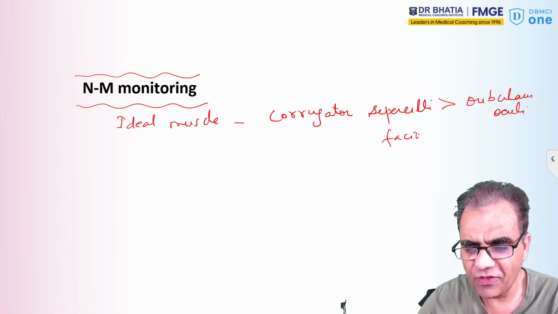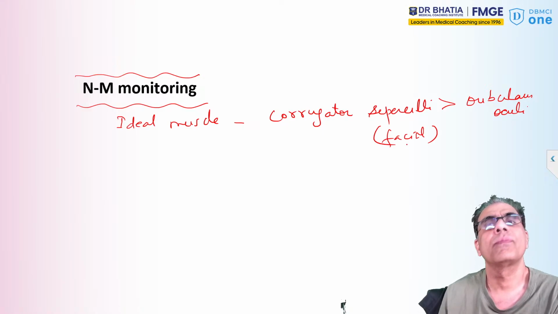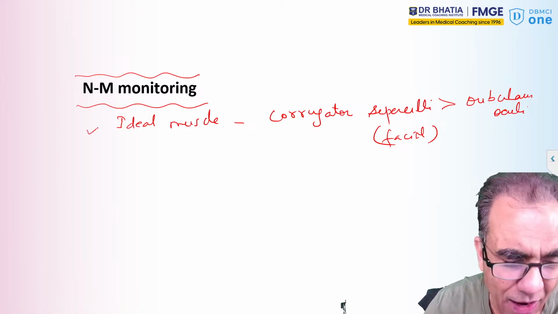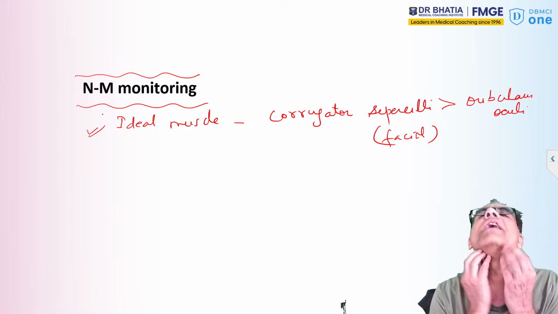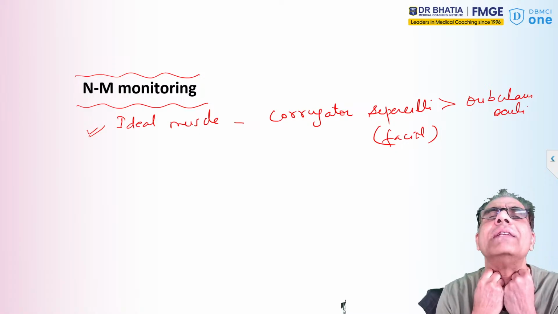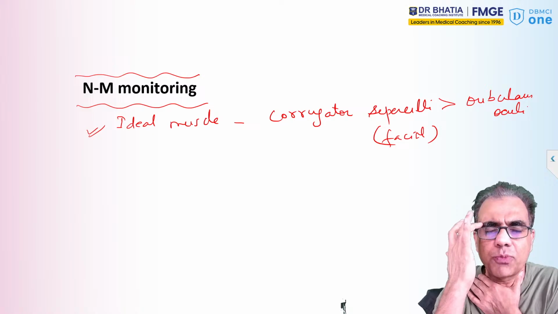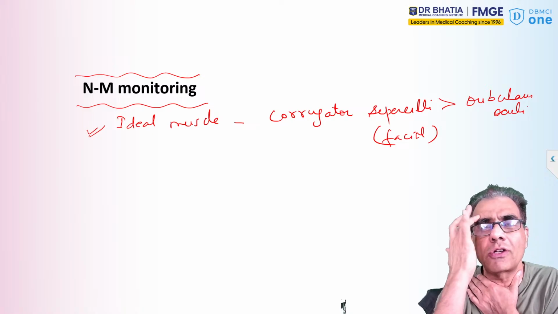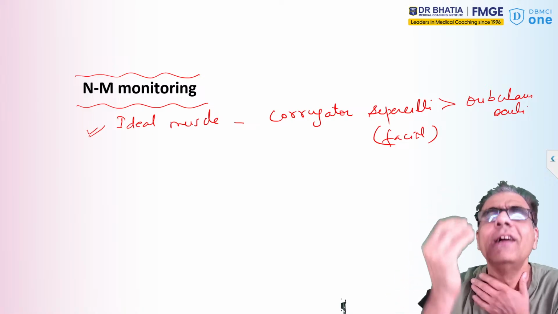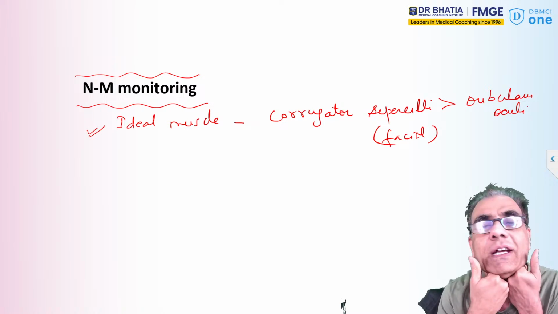Both are supplied by the facial nerve. Why are they ideal? Because their action parallels the laryngeal muscles, because head and neck muscles go together. So if you are not seeing any response in orbicularis oculi or corrugator supercilii, or there's recovery, that means the laryngeal and pharyngeal muscles have recovered.